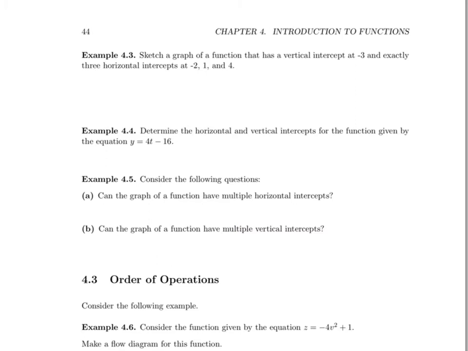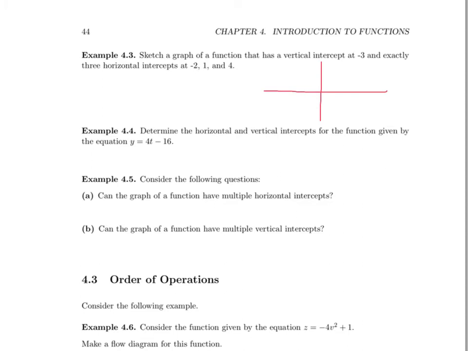Okay, let's go ahead and work example 4.3. Sketch a graph of a function that has a vertical intercept at -3 and exactly 3 horizontal intercepts at -2, 1, and 4. So I'm going to begin by drawing a coordinate axis.